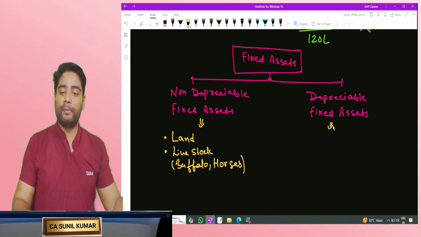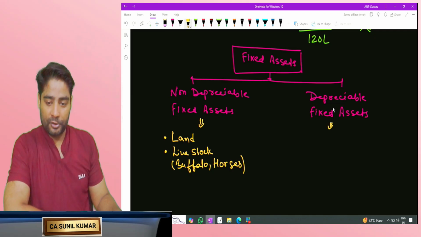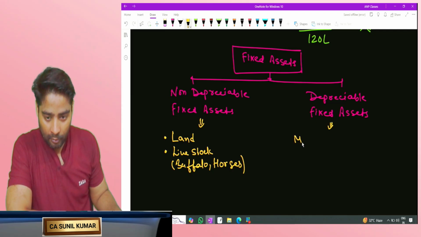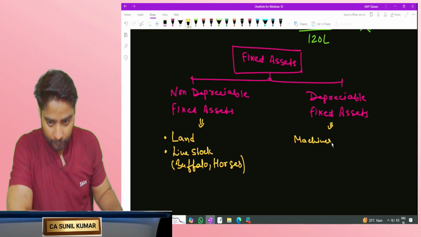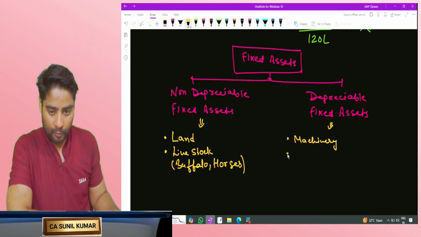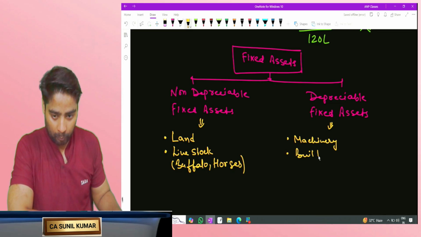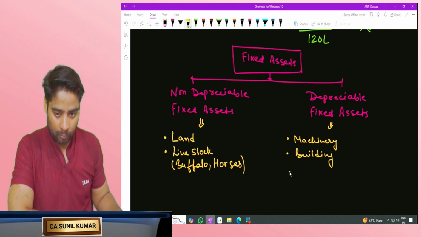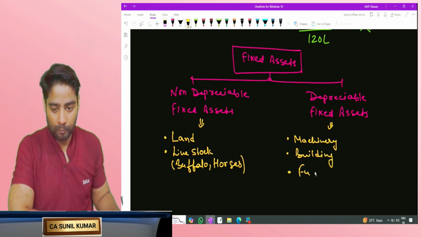And the second category is depreciable assets like machinery, building, furniture.